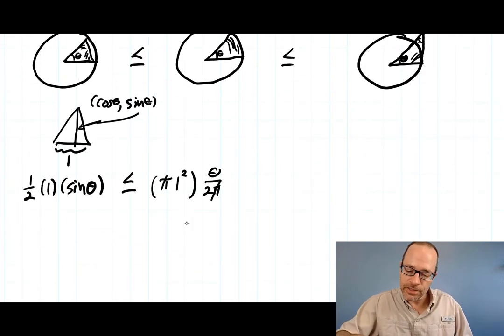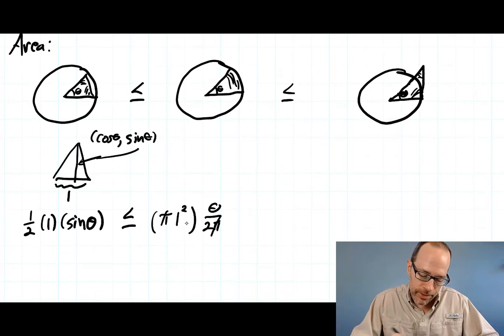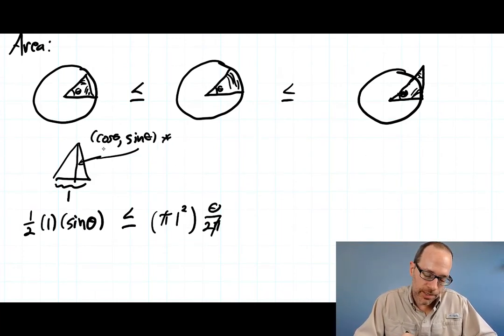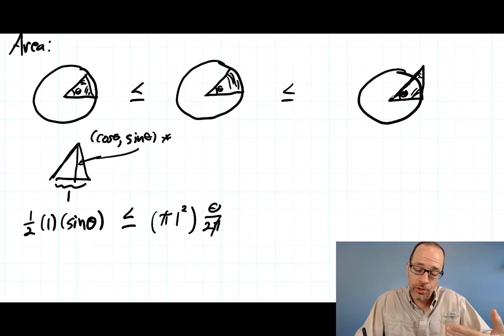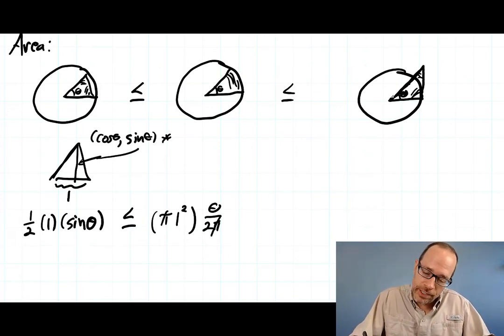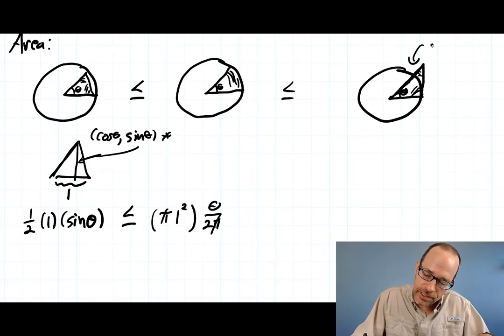And for this last one, you have to remember, again, for the same reason that you had over here, since this point is cosine comma sine, this line here, which is the same part of the line here, has slope sine over cosine. In other words, the slope is tangent. And so the equation of that line is just y is equal to tangent theta times x.